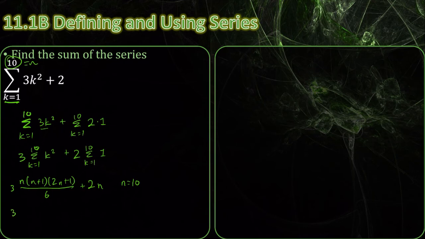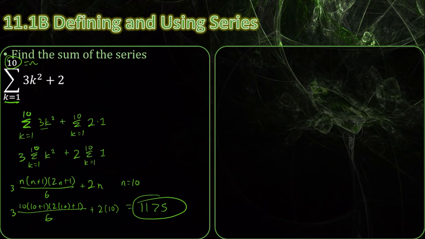So this is the same thing as 3 times 10 plus 1, which is 11, times 2 times 10 plus 1, which is 21, over 6, plus 2 times 10. And you can probably put that in your calculator and get 1,075. Why don't you pause this and try that one?